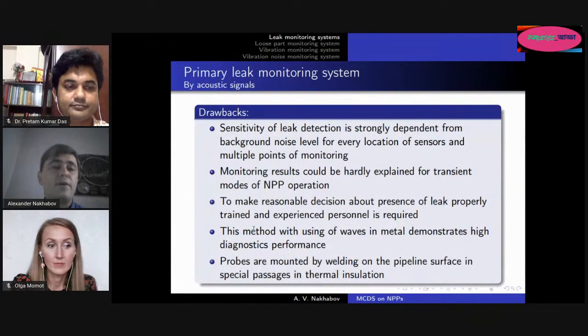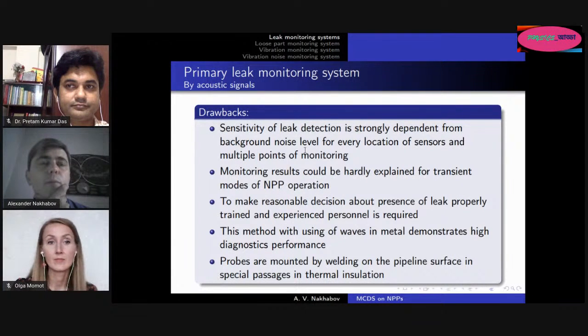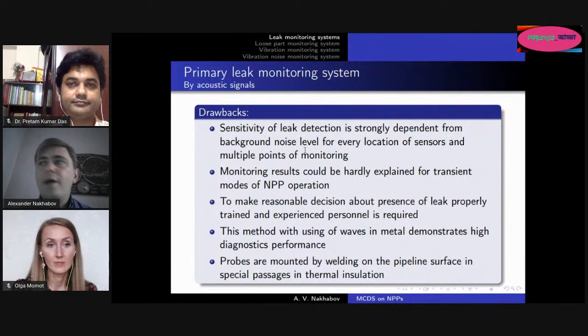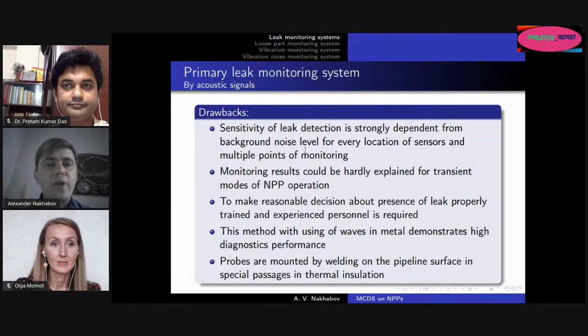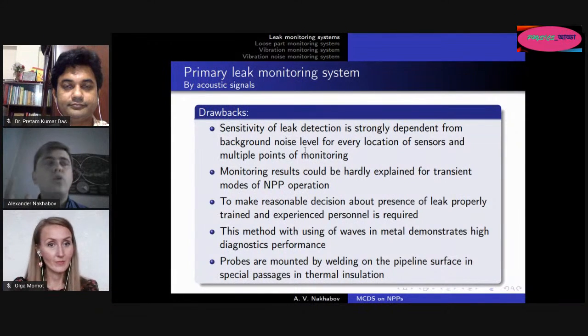But you see the slide about drawbacks of acoustic methods. First of all, we should think about background noise level, because when we say, okay, we will monitor ultrasonic waves in the metal of pipelines, it's great, but at an operating nuclear power plant, I hope you know, there are a lot of usual normal vibrations, normal noises, and so on.